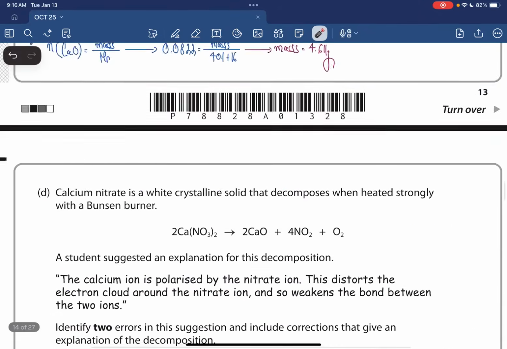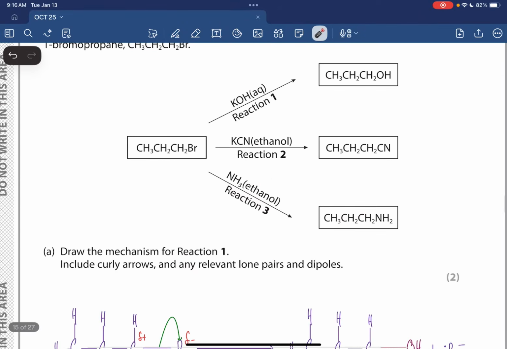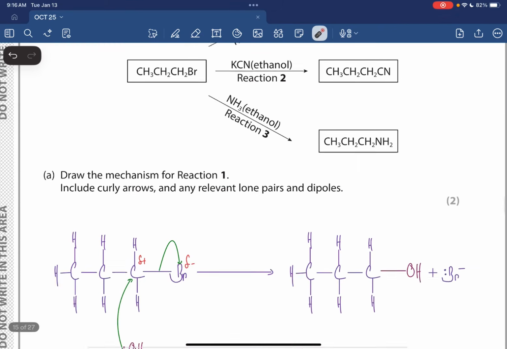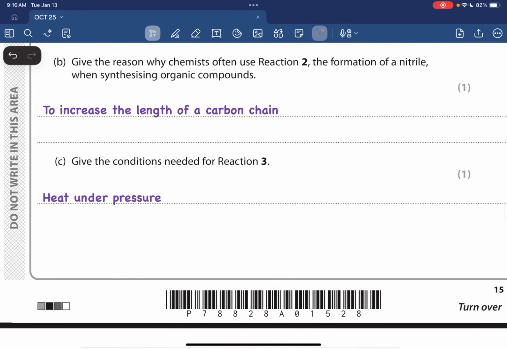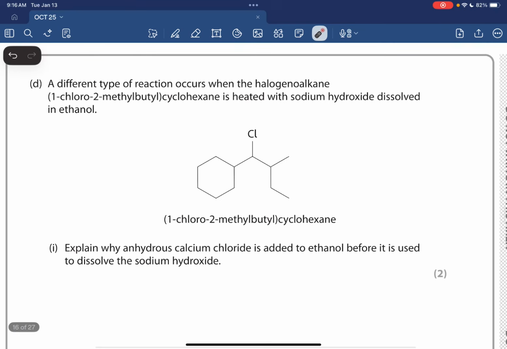The condition needed for reaction 3 is NH3, heat under pressure, in a closed system or in a sealed tube. A different type of reaction occurs when the haloalkane is heated with sodium hydroxide dissolved in ethanol.